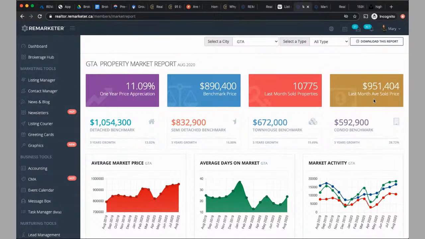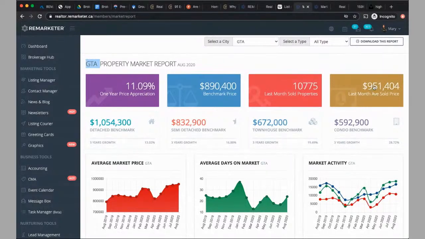For example, if you're looking at the GTA in general, as we are over here, it's taking all the properties that have been sold in the GTA. Obviously, if you have a few outlier properties here, they're not going to move the average price that much, even though they would, but it's not that much, right?